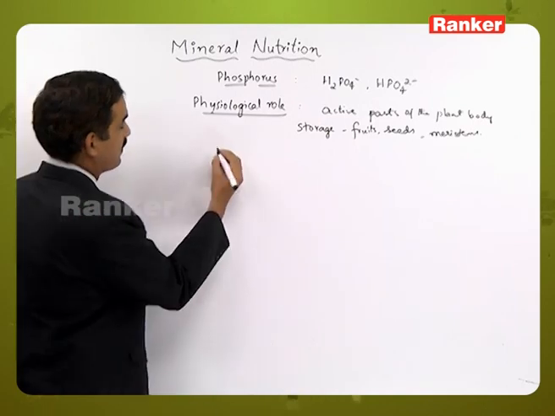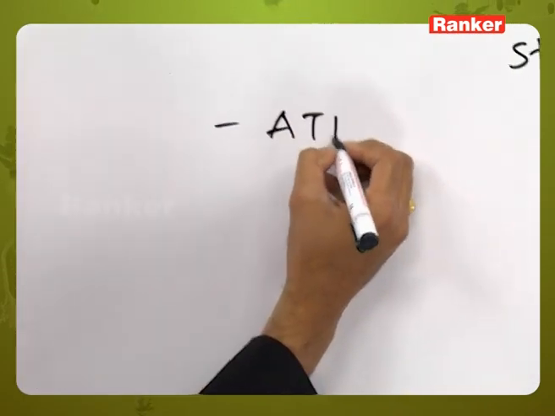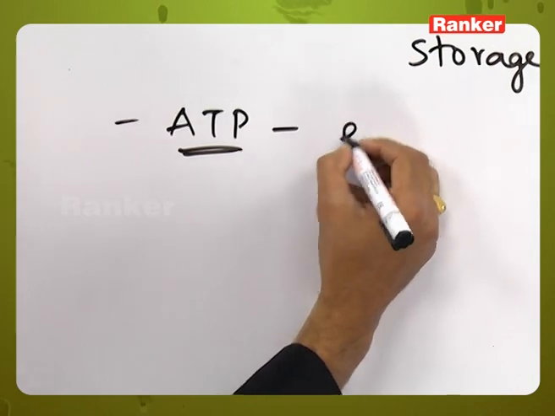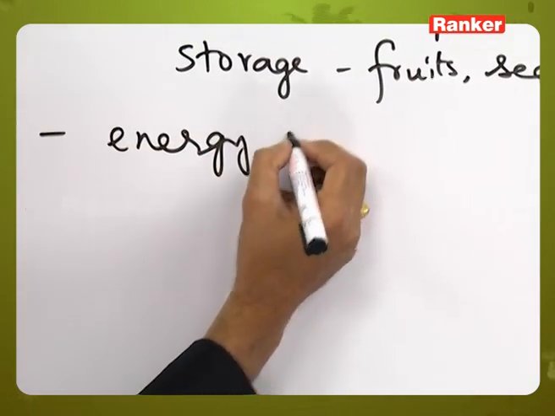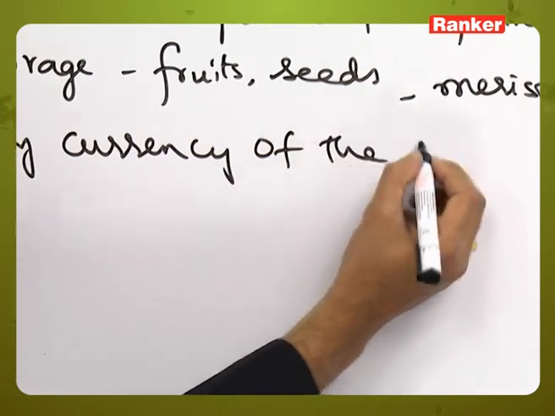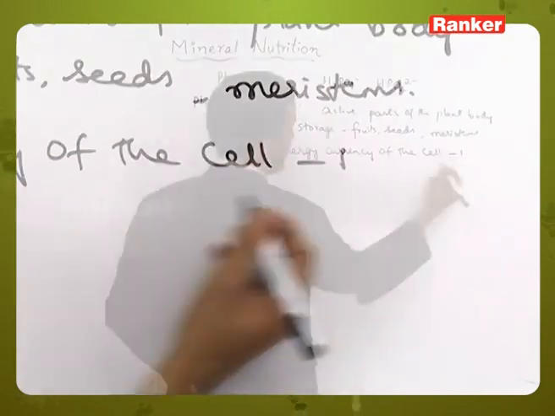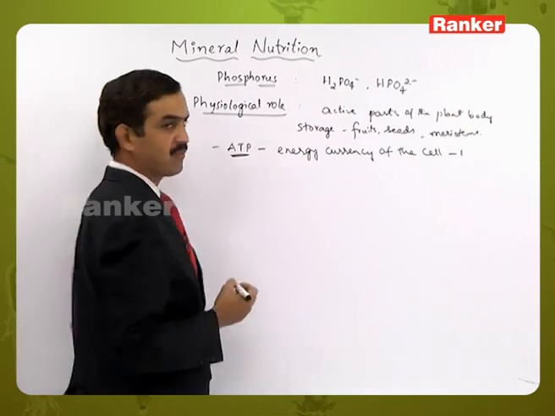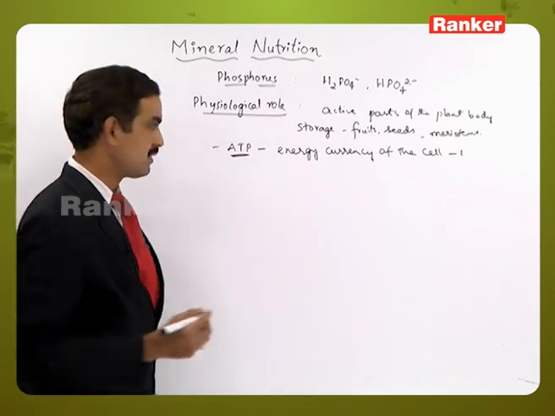Then phosphorus is a major constituent part of the energy currency of the cell, that is ATP, where 3 phosphate molecules are present.